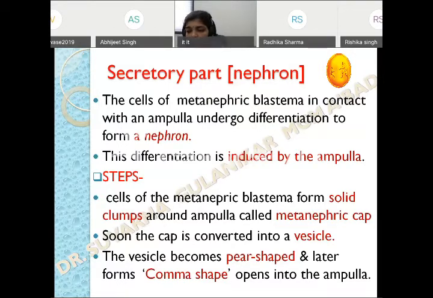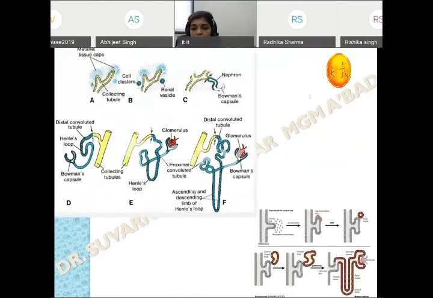Now, gradually this cap is converted into the vesicle; the cap gets modified and forms the vesicle. This vesicle later forms the pear shape, and then the comma shape. This comma shape further expands to form the S shape. Okay, so you can see here again, this is a picture from Langman.